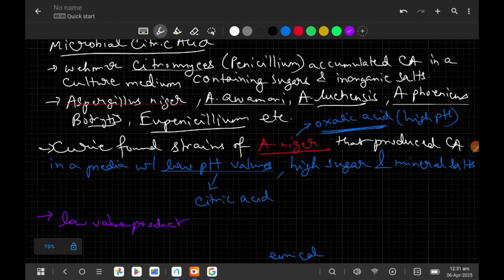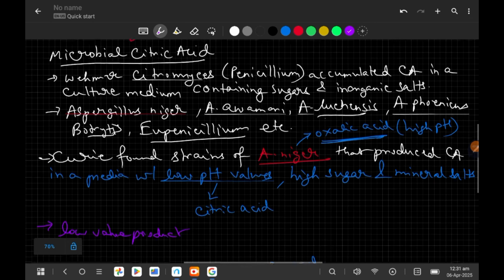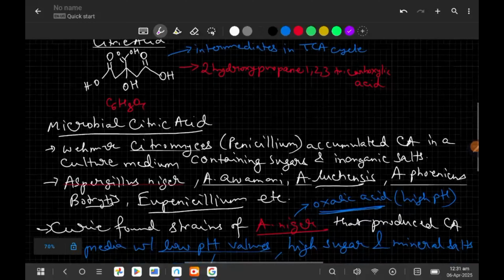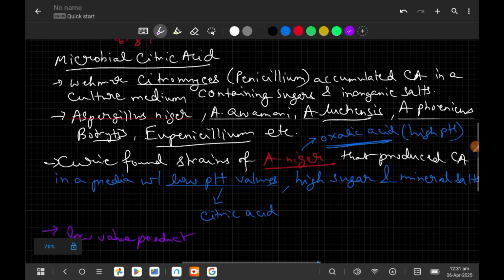The market is always very competitive, so you have to make improvements in the manufacturing so that you get better yield at minimal cost. That's our motto in studying the different processes of manufacturing organic acids. In any process, you have to lower the manufacturing cost but increase the yield in order to survive in the market. Many times the exact processes and details are not known because they are protected by patent, but we know the general outline of how it is done.